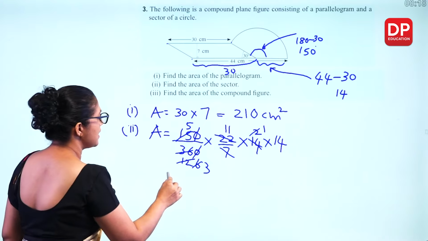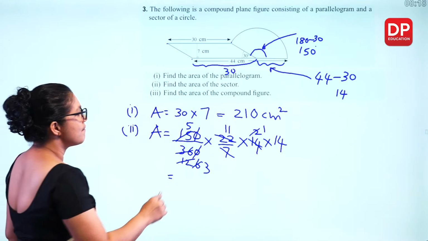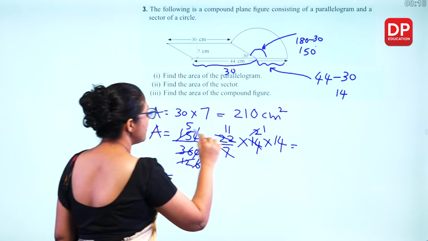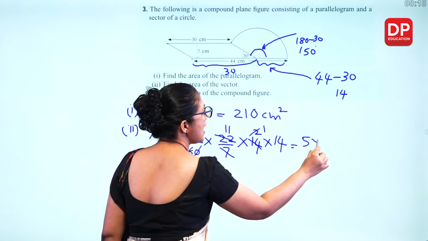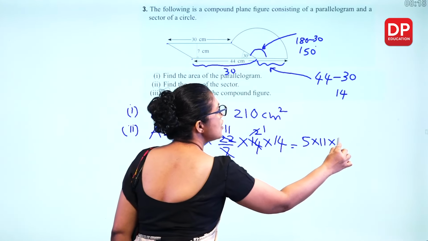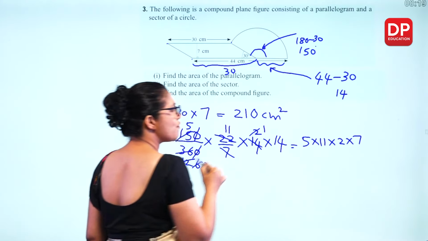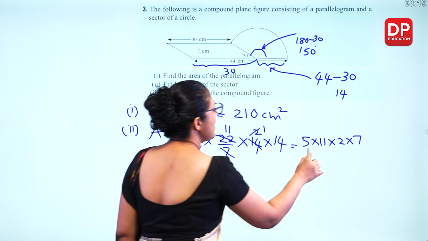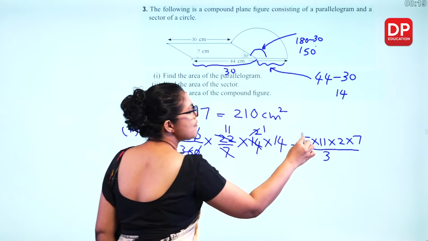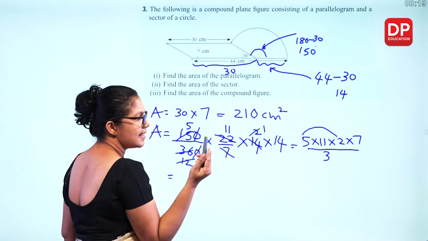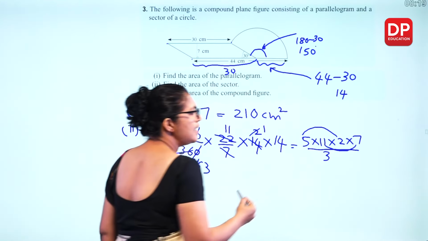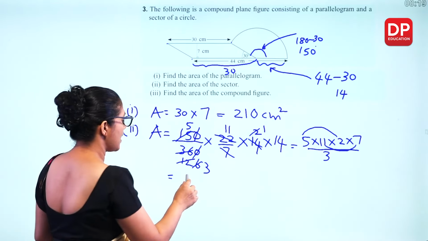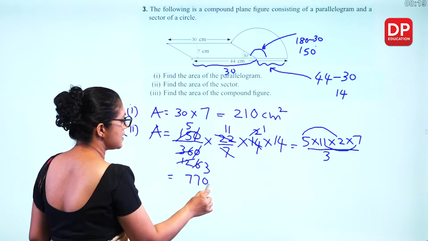So you're getting, here there's an easy way of multiplying. I'll write this one as 5 times 11 times 2 times 7. Instead of 14, I can write 2 times 7. Divide by 3. Now can you see 5 times 2 is 10. 11 times 7, 77. 77 times 10, you can write 770.